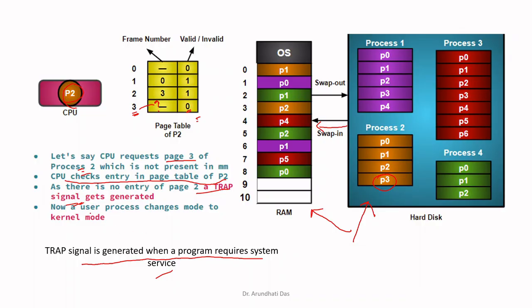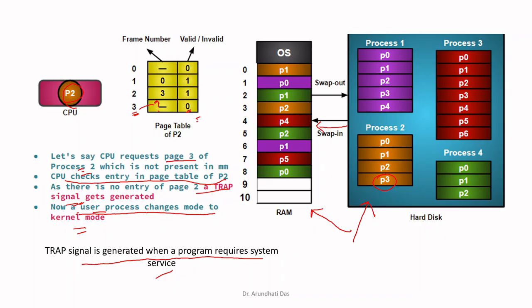And to do that loading, which is urgent in nature, I need some more power to execute it. So that user process will change its mode to kernel mode.